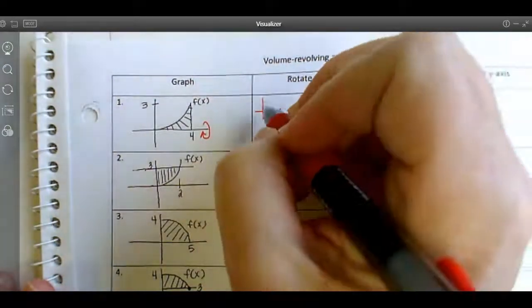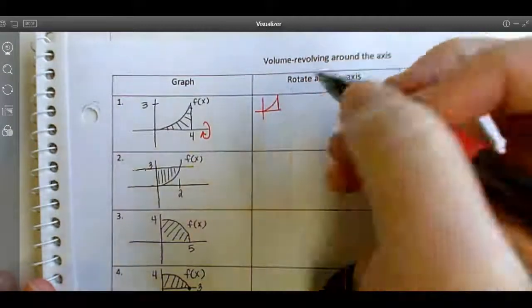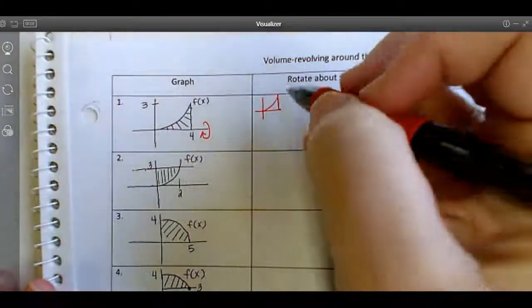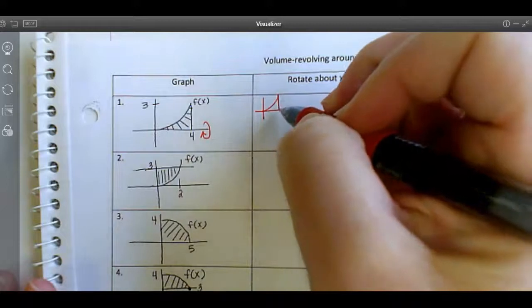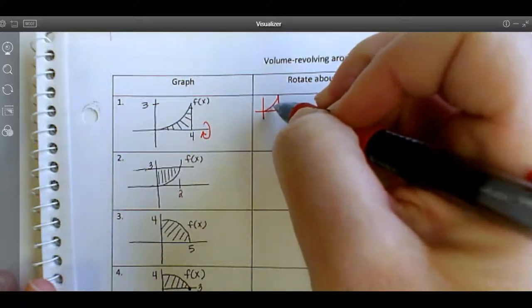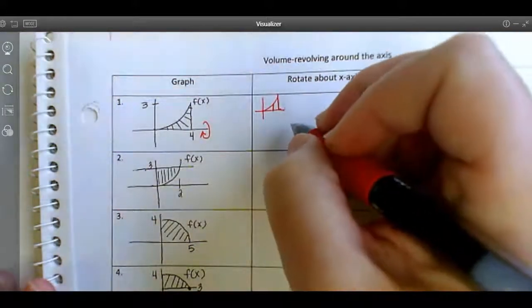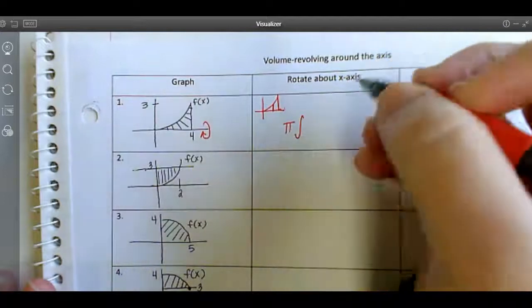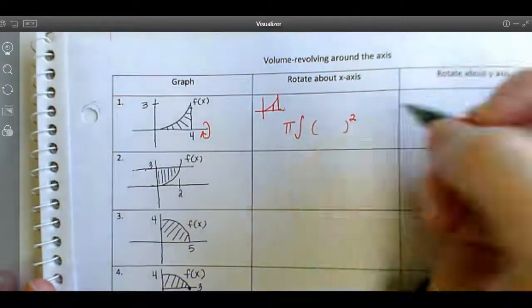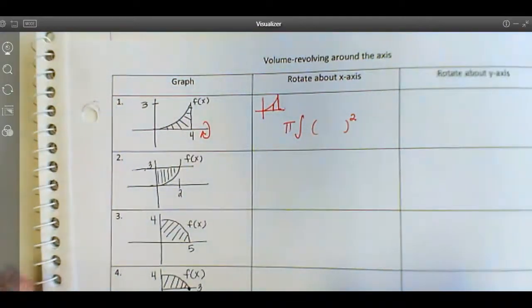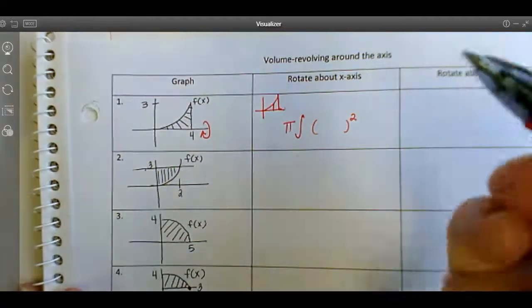So I'm going to graph it over here just because I want to write on it, and when I do the y-axis I don't want it to confuse us. So we're rotating around the x-axis, and our radius always goes from where you're rotating to the outside. There's no hole here, so I know there's going to be a pi and something squared. Because there's no hole, it's only one thing squared.